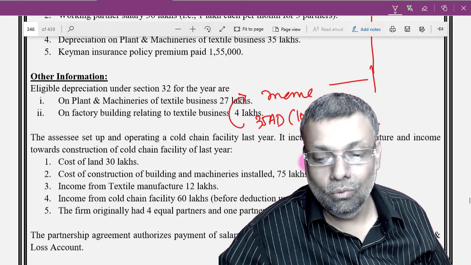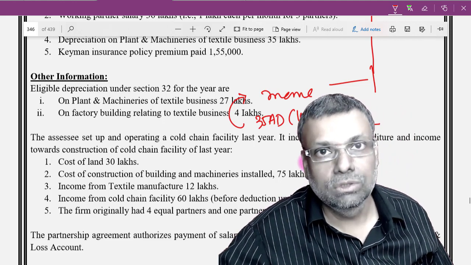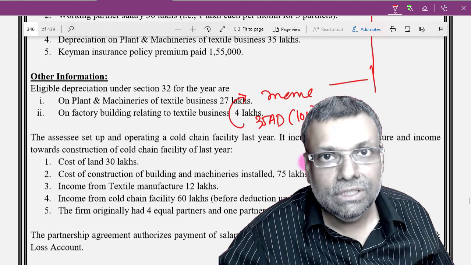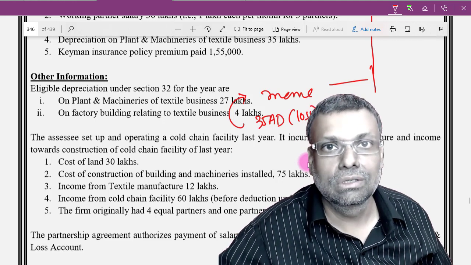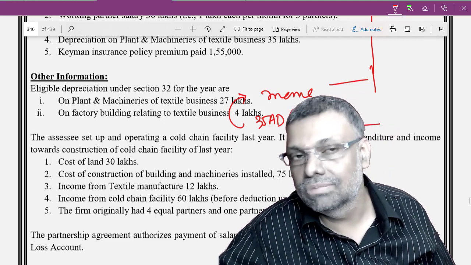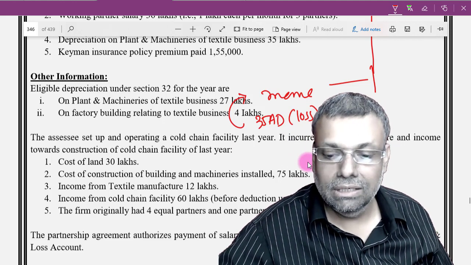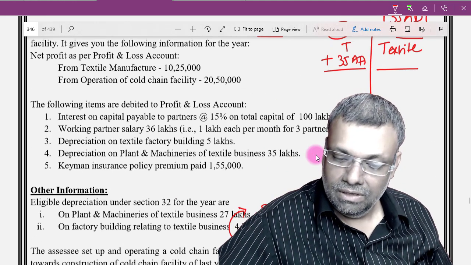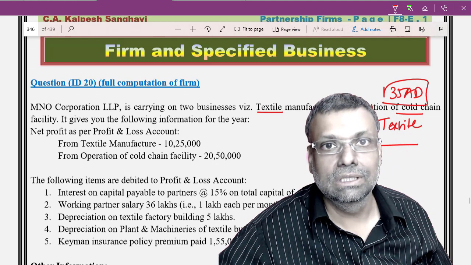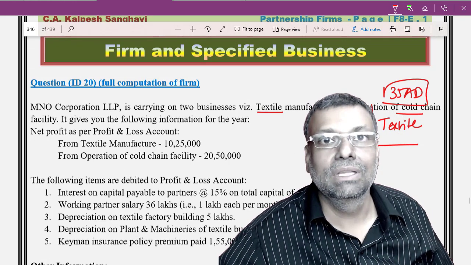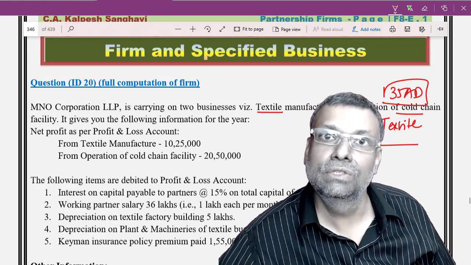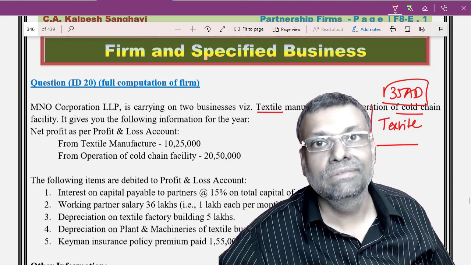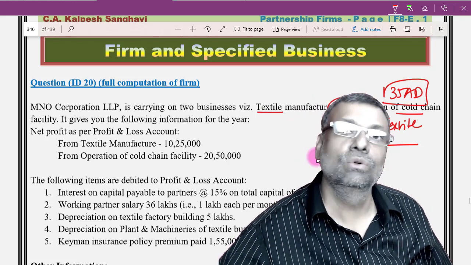So I should know whether the income which includes 35 AD income is a sufficient figure or not. For that, I'll have to do one small little jiggery. I will say that income minus the textile business income, I will assume that that much is my 35 AD income. So I have sufficient income to do the set off, or I do not have sufficient income to do the set off.